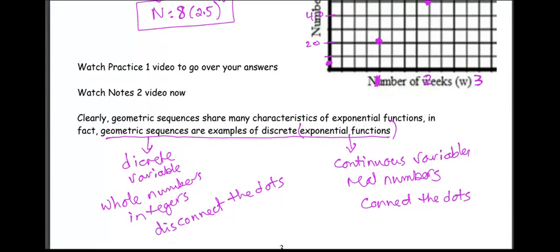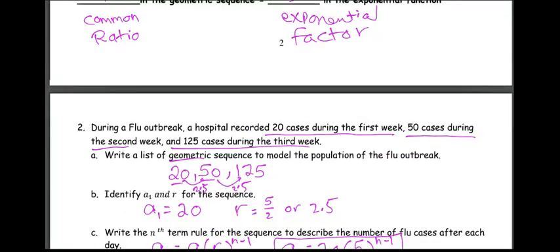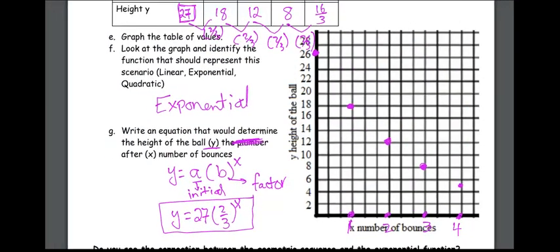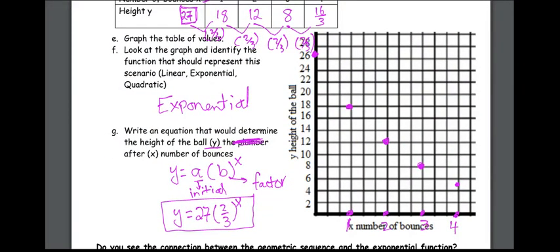So in the first example, let's take a look at the variables. We have the number of bounces and the height of the ball. The height of the ball is a continuous variable. The number of bounces is a continuous variable. That means that these dots can be connected together. And the best way to represent this situation is going to be using the exponential function.